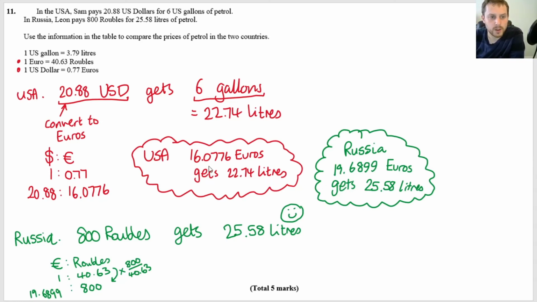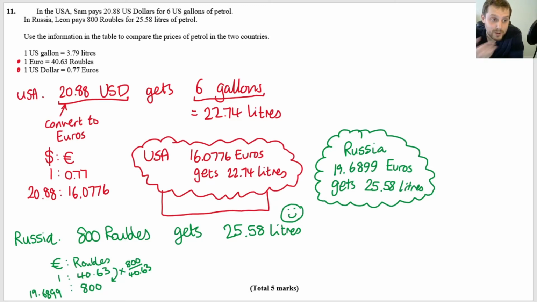So what we're going to do is work out in the USA what 1 euro gets you, and we'll do the same thing with Russia. So in the USA, 1, and it's crashed again. Every time I choose a different color, it crashes.